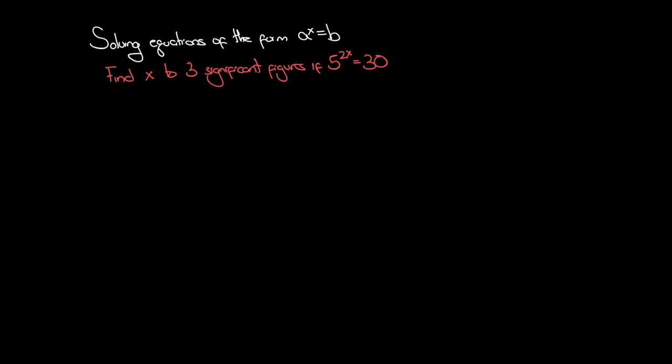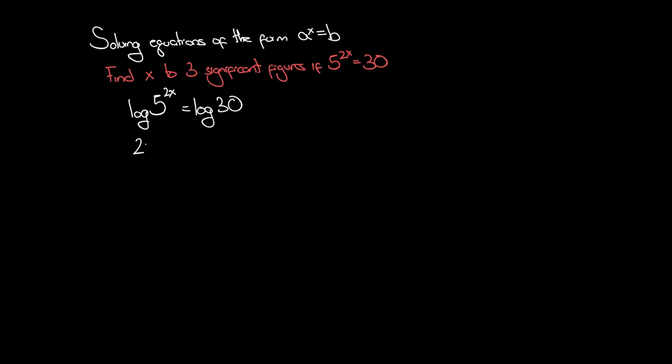Let's try our hand at solving equations in the form of a to the x is equal to b. Find x to 3 significant figures if 5 to the 2x is equal to 30. Well, we can start by just taking the log on both sides. So this becomes log of 5 to the power of 2x is equal to the log of 30.